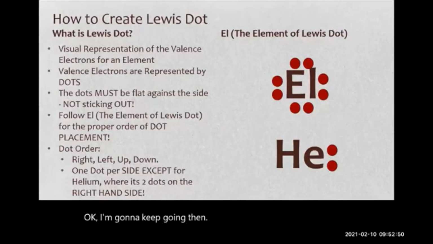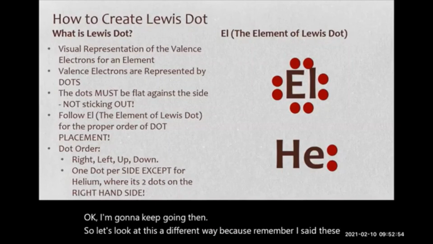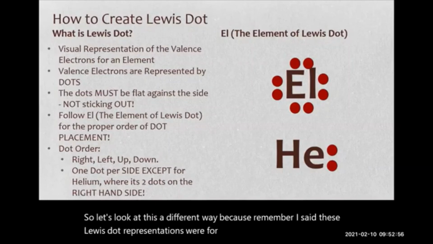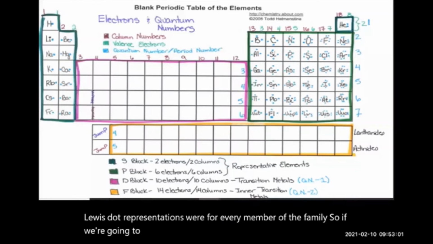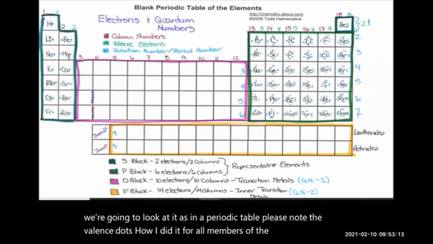So let's look at this a different way, because remember I said these Lewis dot representations were for every member of the family. So if we're going to look at it in a periodic table, please note the valence dots, how I did it for all members of the family. Remember, helium has 2.